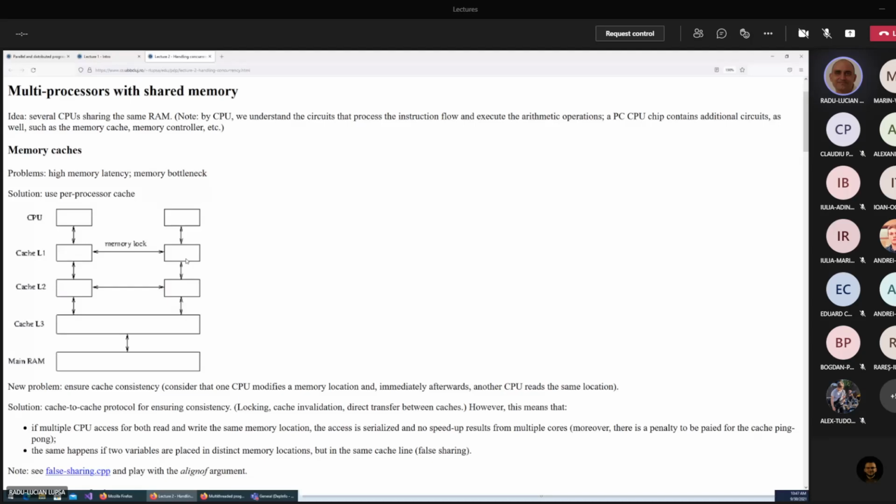If this CPU needs to read the same variable, it gets into this cache as well. And it's possible to have copies of the same variable in both caches, as long as they are clean. Nobody modifies them. And this is the way to go into the parallel direction while avoiding the concurrency problems.